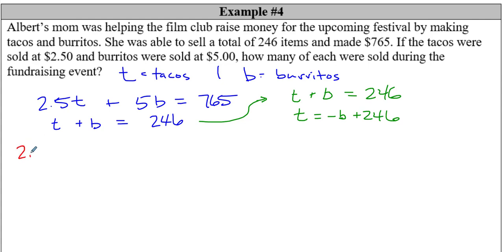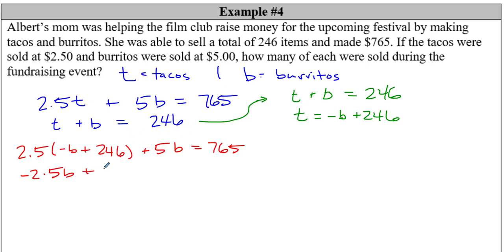So we got 2.5 times negative b plus 246 plus 5 times b is equal to 765. So this is now negative 2.5b plus 246 times 2.5, that is 615. And then we have plus 5b is equal to 765.